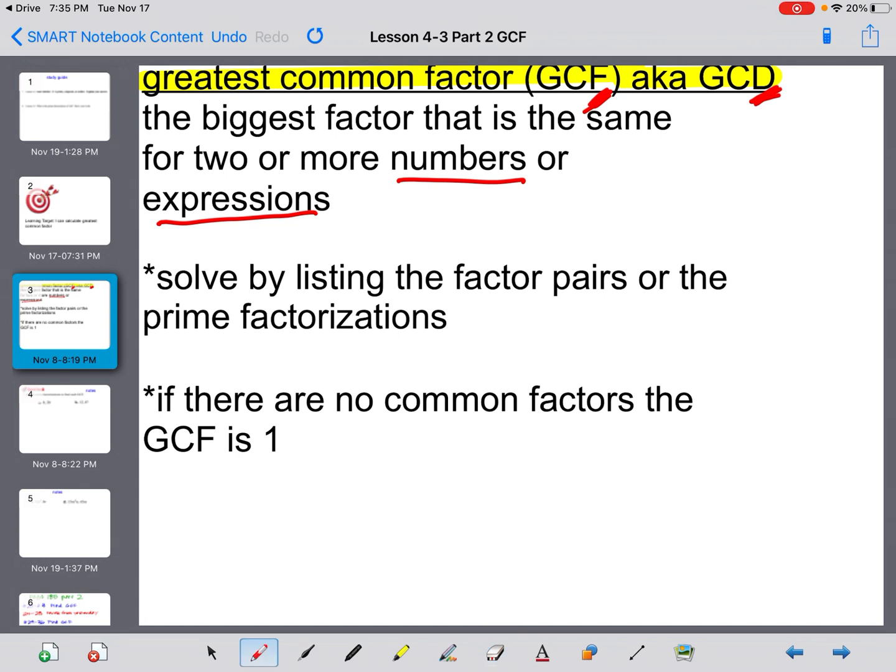So we actually have two strategies that we can use for this. We can solve by listing the factor pairs, or doing the prime factorizations. Hey, we practiced that last time. We would be using the trees.